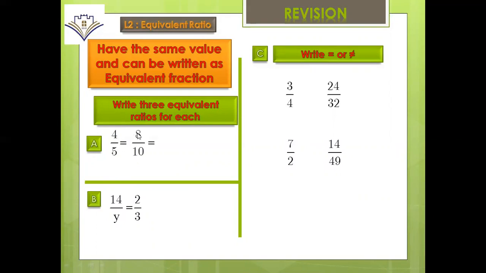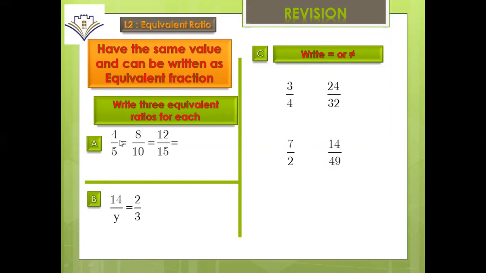How? 4 multiply 2 equals 8, and 5 multiply 2 equals 10. Then by multiplying both numerator and denominator by 2, up and down, we can get another fraction.